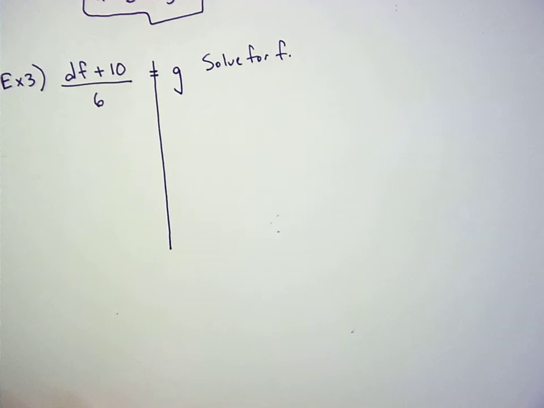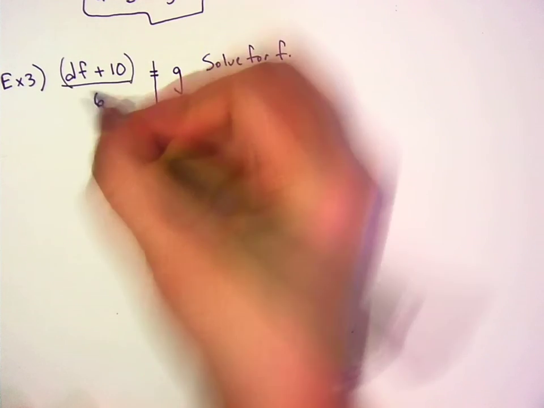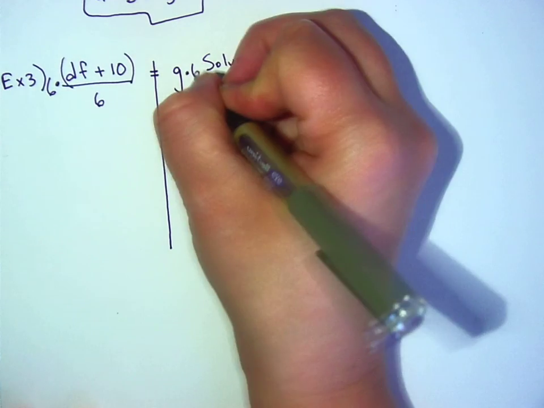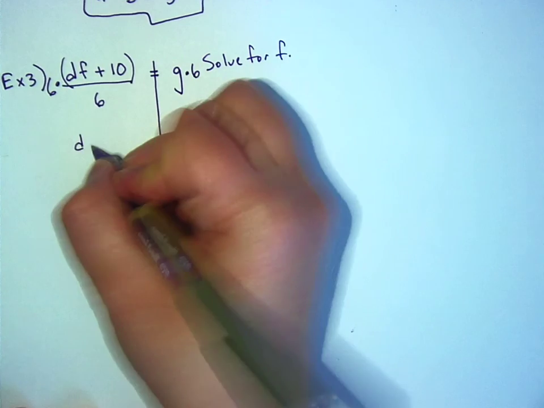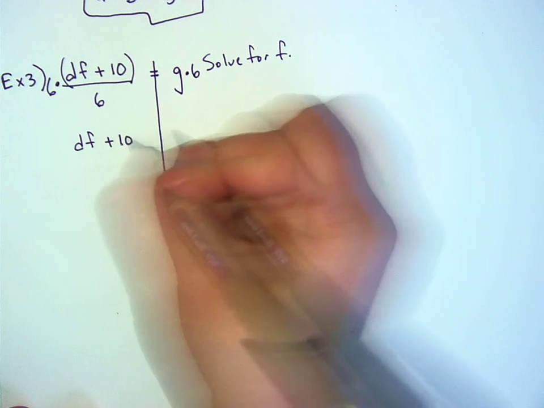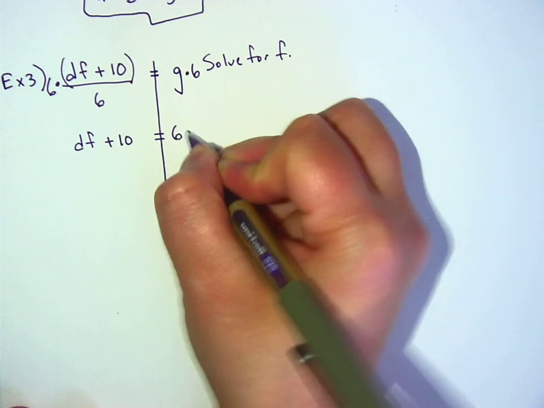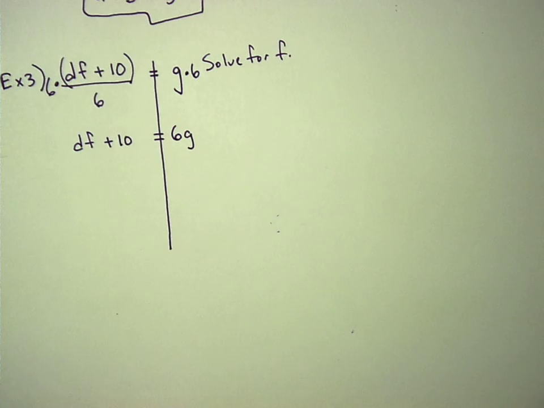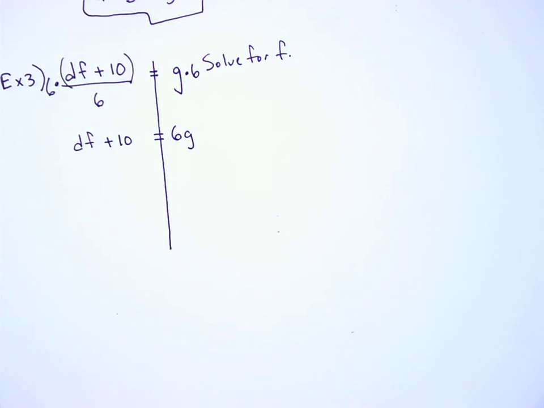So you start off by multiplying by 6, good. Remember, this stuff is almost in parentheses up here, so we're going to first multiply by 6 on both sides. So now I've got df plus 10 equals, I'm going to say 6g instead of g6, because usually you put the number in front. All right, keep going. And then you said, for f, would you do minus 10?